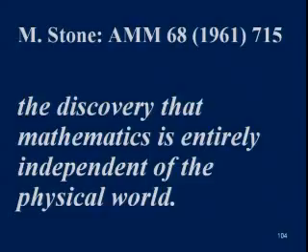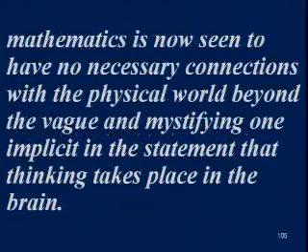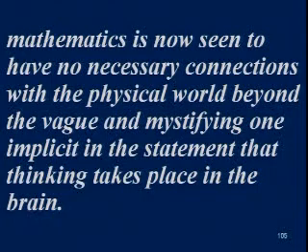In 1961, Marshall Stone wrote an article which had the following paragraph. The discovery that mathematics is independent of the physical world was his main point. He said mathematics are now seen to have no necessary connections with the physical world beyond the vague and mystifying one implicit in the statement that thinking takes place in the brain.